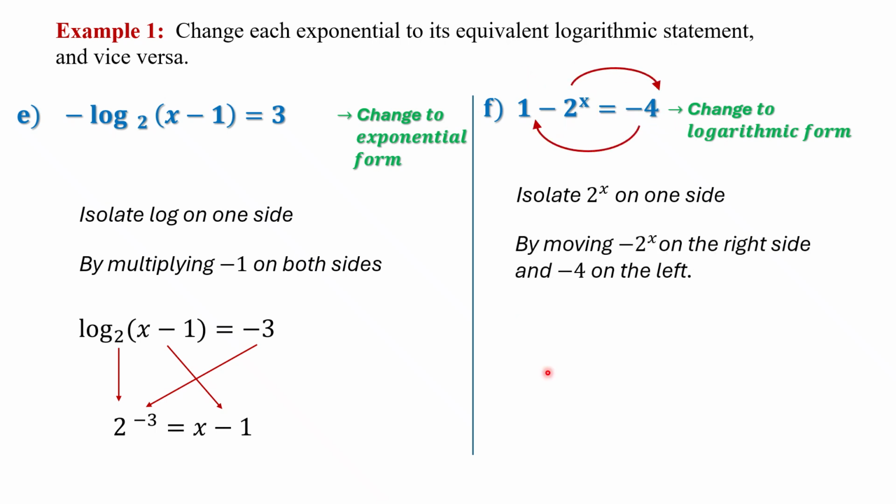And then, we will get 2 to the power x is equal to 1 plus 4, or 2 to the power x is equal to 5. So now we are ready to change to log form. So getting the log of 5 with the base 2 is equal to x. Then check the relationship.